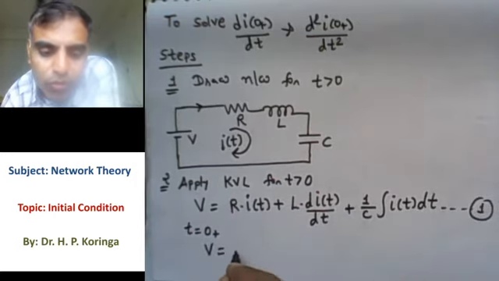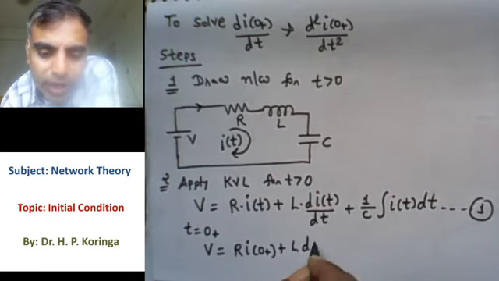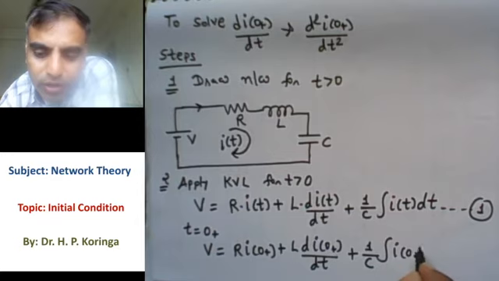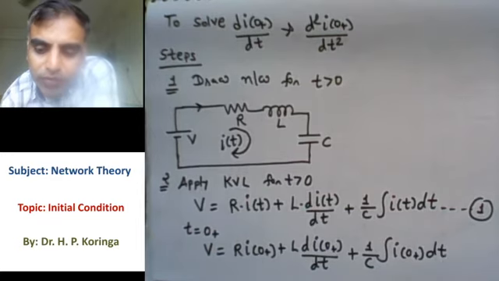So V is equal to R I0 plus plus L dI0 plus divided by dt plus 1 upon C integration of I0 plus dt.